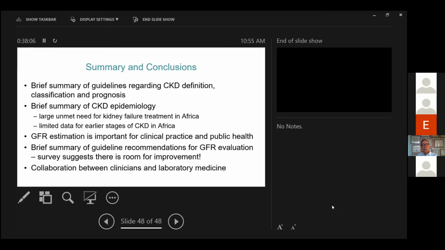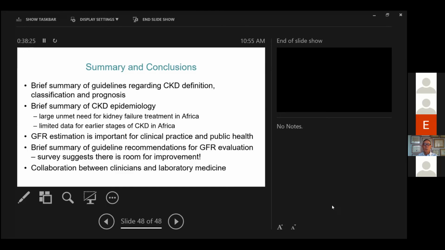I think it's very useful to tailor the evaluation, management, and recommendations according to the patient's risk. Once we have a GFR less than 60, the KDIGO recommendations are to stratify the risk.